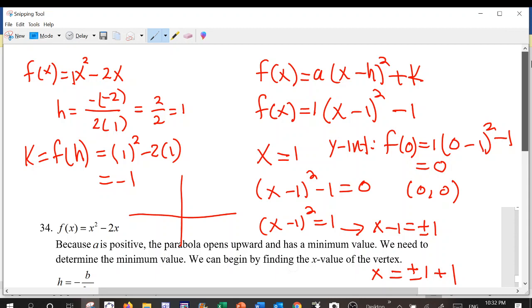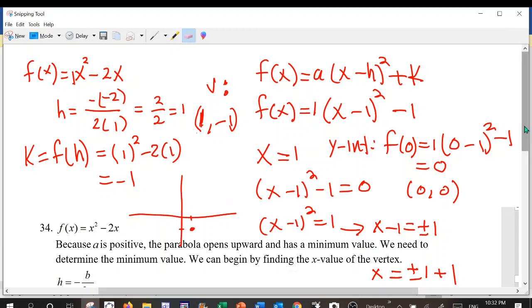So the vertex of this is at (1, negative 1), right? That's the vertex. So h was 1, so that's the vertex right there. So (1, negative 1) is right here.